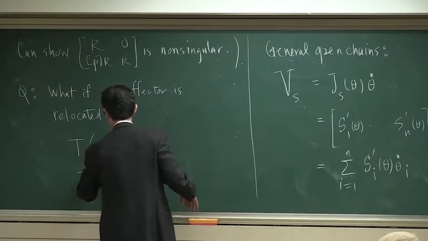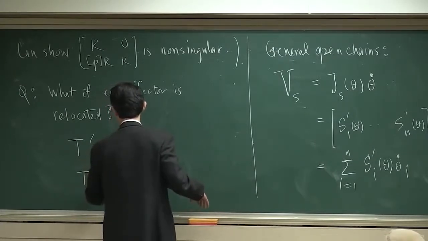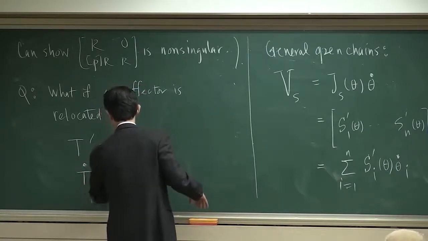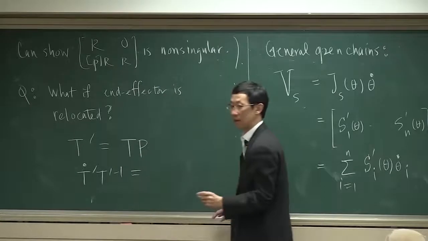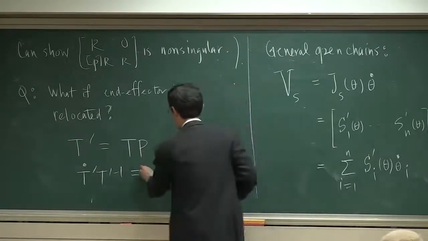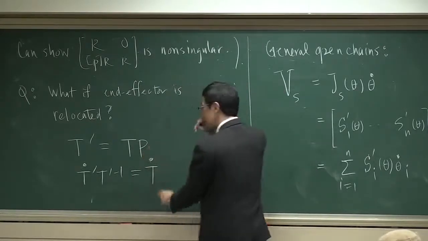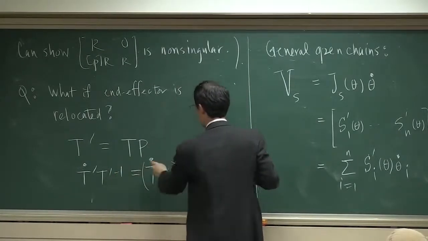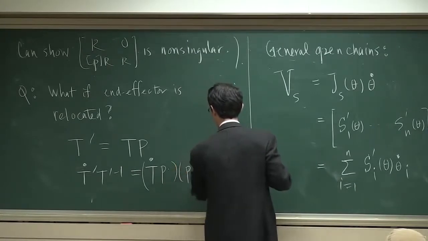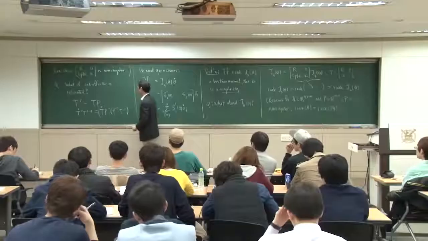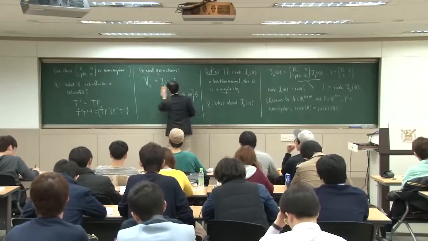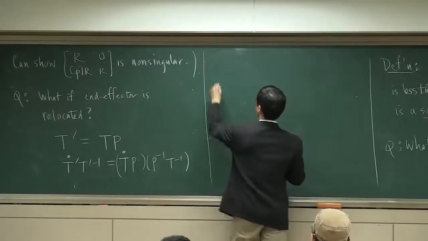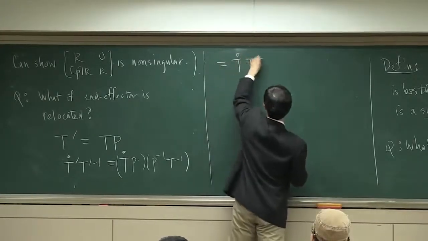Let's do T prime dot T prime inverse. Is what? T dot, and now P is constant, so P just stays. And then T prime inverse is P inverse T inverse. So this is just simply T dot T inverse.